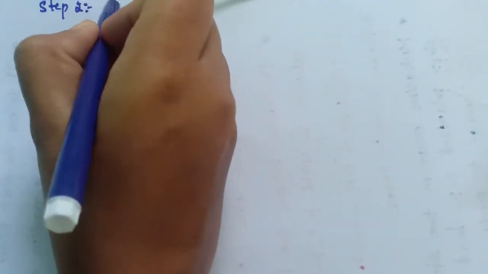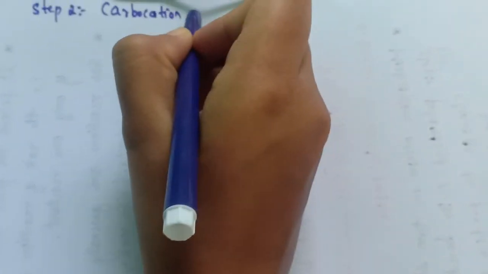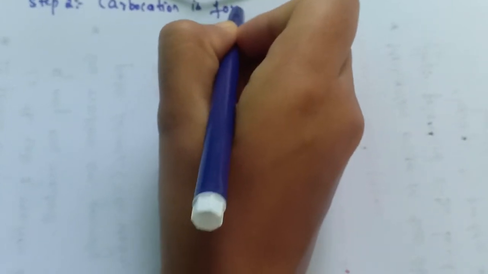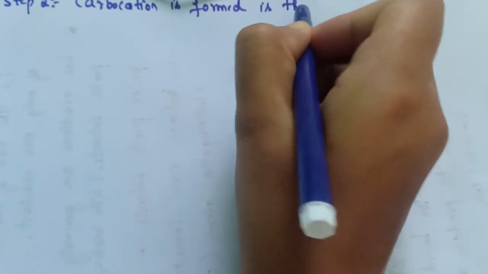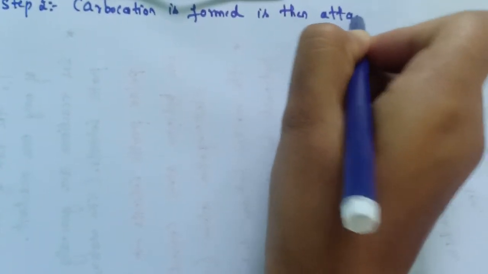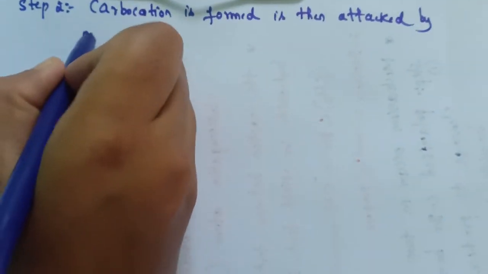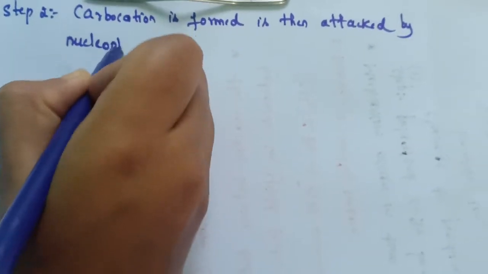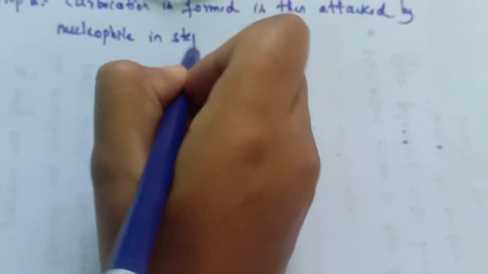Now we shall see step 2. What happens in step 2? The carbocation that is formed is then attacked by the nucleophile in step 2.